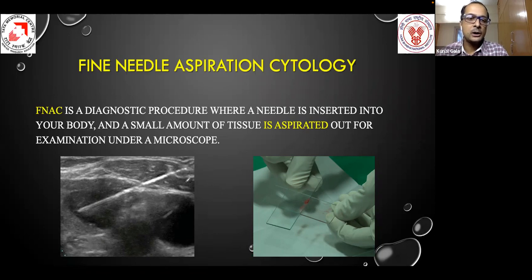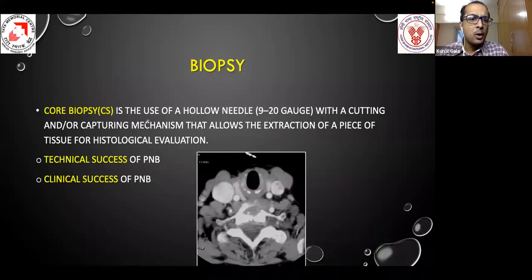FNAC is useful for lymph nodes and for diagnosing metastasis, as in the case of liver. Biopsy is generally done with a hollow needle, which can vary from 9 to 20 gauge, with a capturing or cutting mechanism that allows extraction of tissue for histological evaluation.